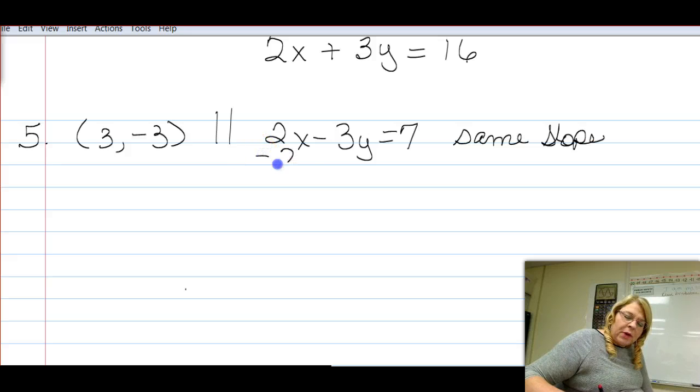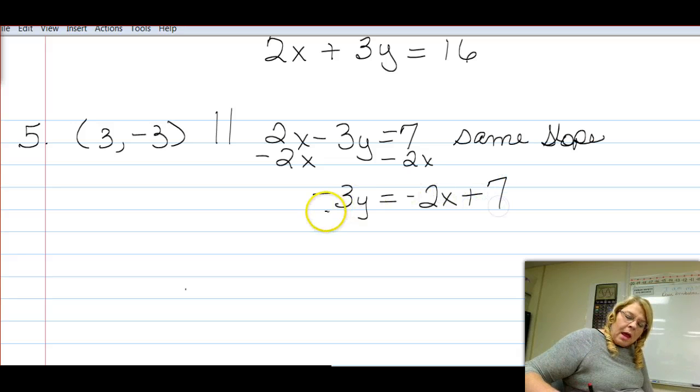I'm going to start by subtracting 2x from both sides. I'm going to divide by the -3.